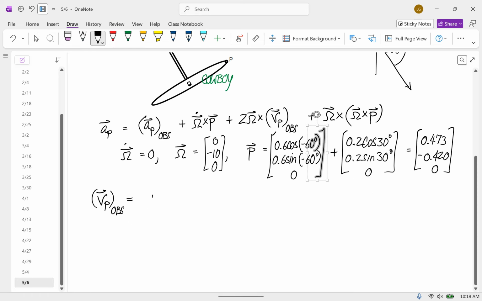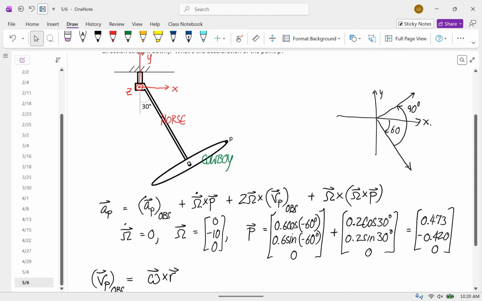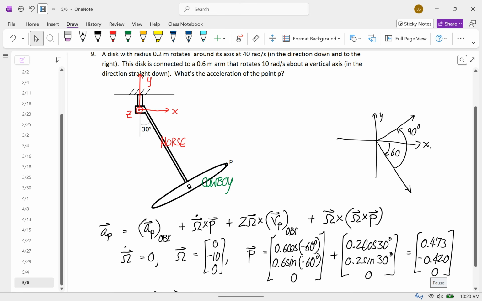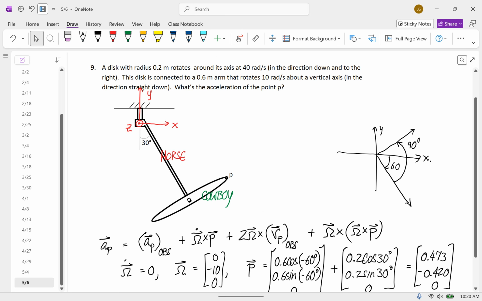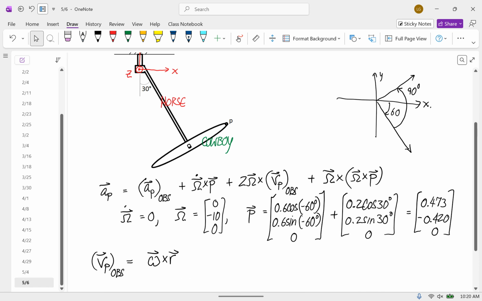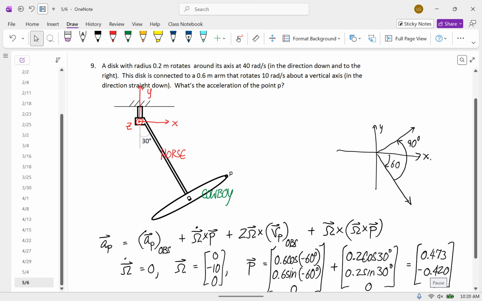So this is just going to be omega of the disk crossed with the R vector. And now we have to think about omega of the disk. Oh, 40 was the right thing to use there. Well, we know that the angular speed is 40 radians per second.